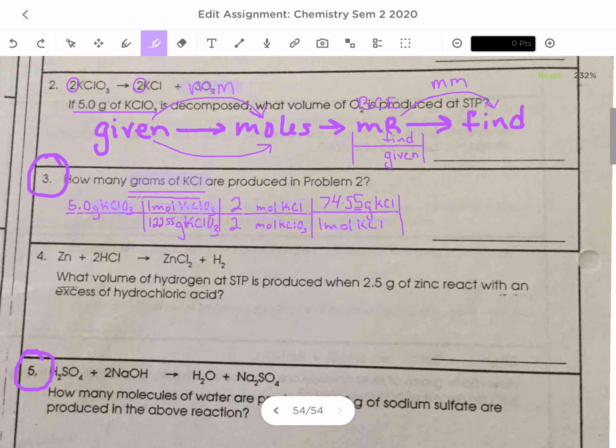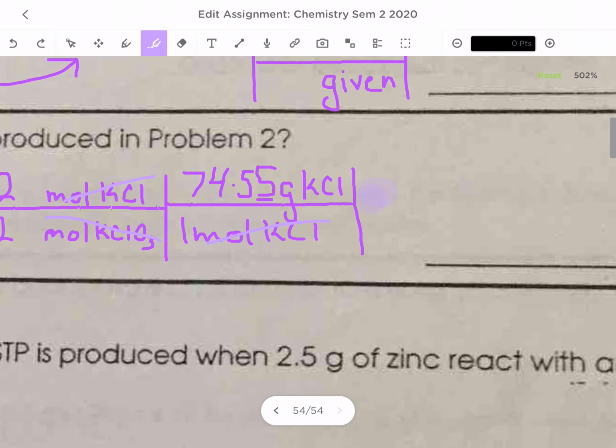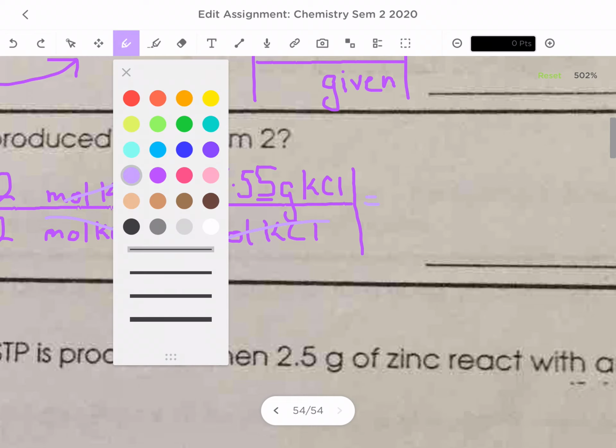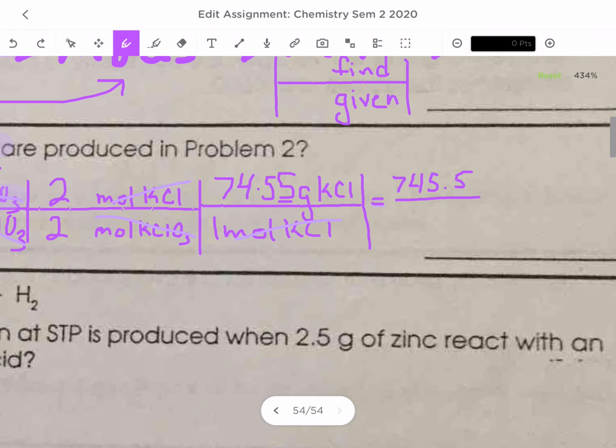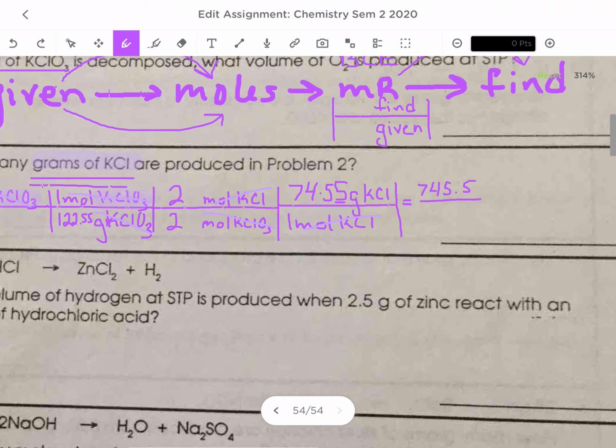I'm going to take 5.0 times 2 times 74.55, which is 745.5, divided by everything multiplied together on the bottom, so that is 122.55 times 2, which is 245.1.